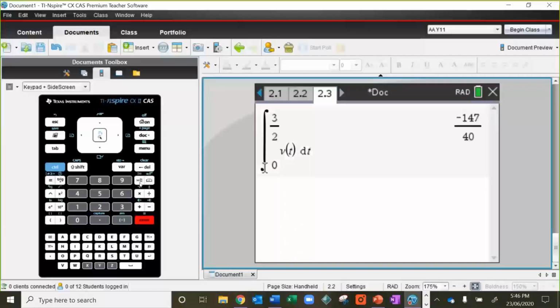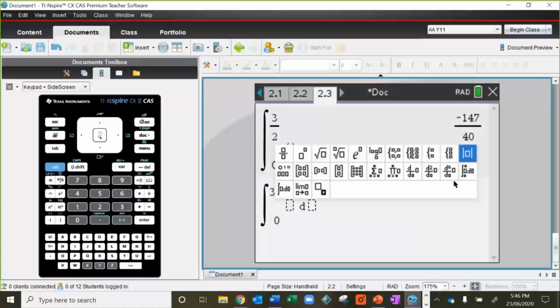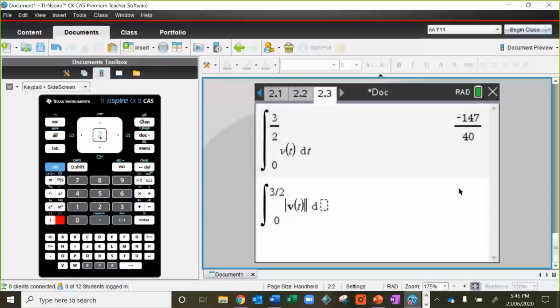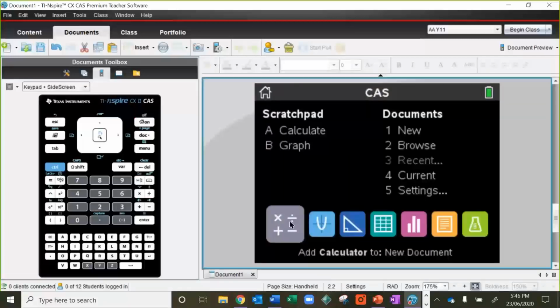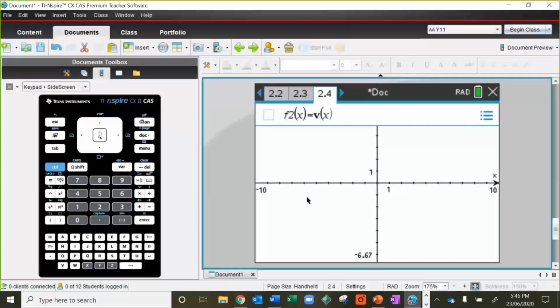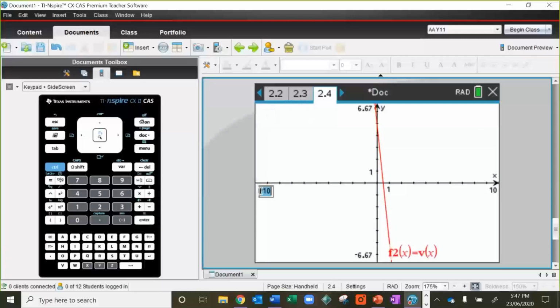If I similarly wish to find the distance as the exact value, I need to enter 3/2 and put the modulus of v(t) dt. Of course, distance and displacement will be different because, as we see from the v(t) graph, if we draw it, it cuts the t-axis, and that will be our graph here.